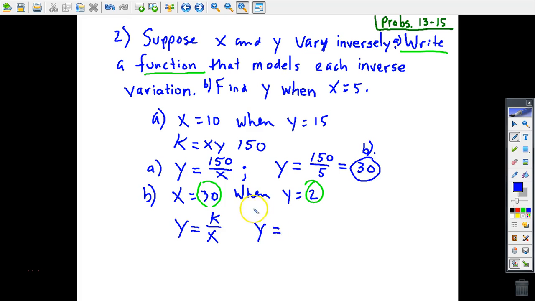So k, our numerator, is found by doing multiplication, 30 times 2, which is 60, over x. So that's our answer, part A. Answer part B is to take that function that you just wrote and come up with a number for y if you let x be 5. Well, obviously 60 divided by 5 is 12, so my answer, part B, is 12.